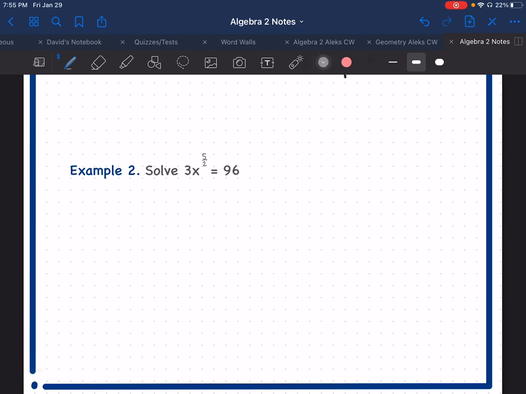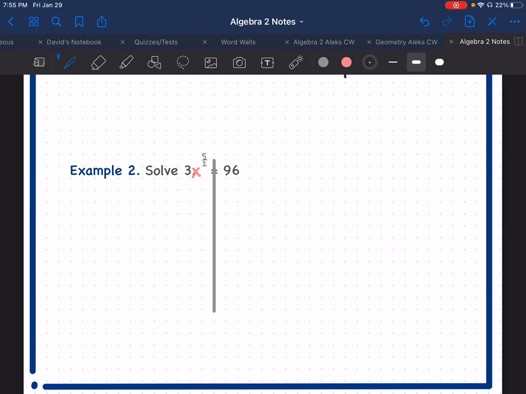So I'm going to start by drawing my line through the center, and I'm going to then highlight the variable x, because remember my first step is to isolate my variable x. I see the exponential power of 5/2, and then I see the 3 in front. The first thing I must do is get rid of the 3.